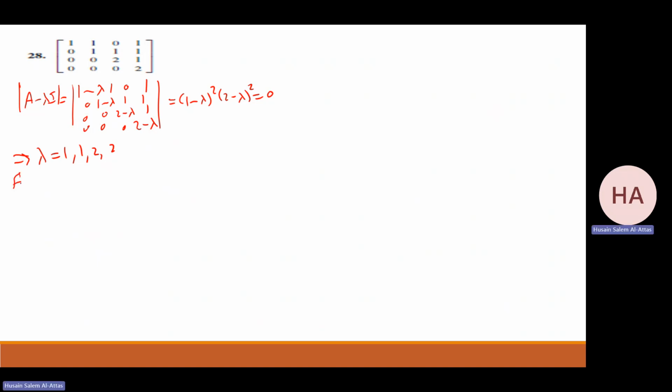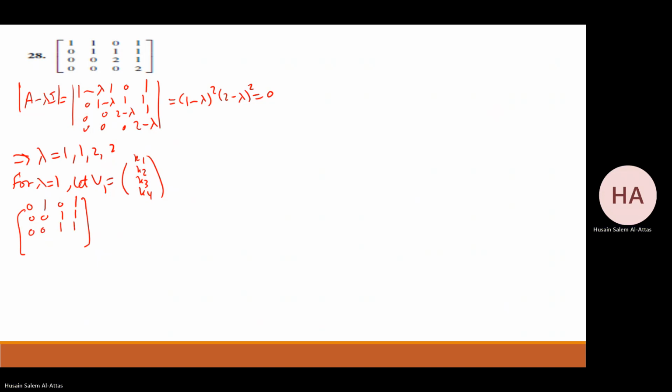Now for lambda equal 1, we have what? Let V1 be K1, K2, K3, K4. So I have 0, 1, 0, 1; 0, 0, 1, 1; 0, 0, 1, 1; and 0, 0, 0, 1, times K1, K2, K3, K4 equals 0, 0, 0, 0.